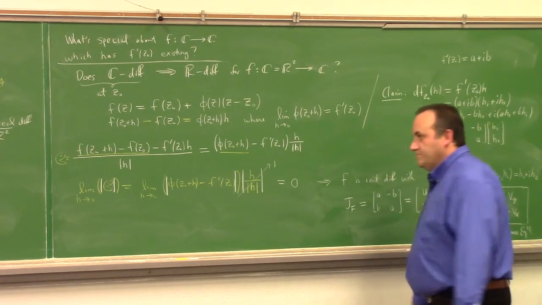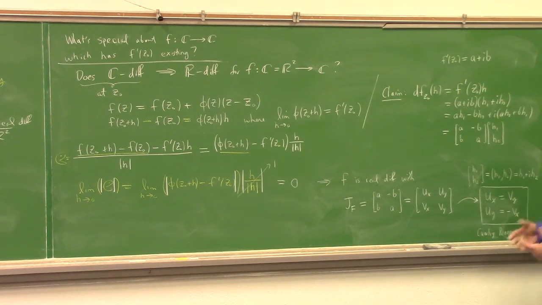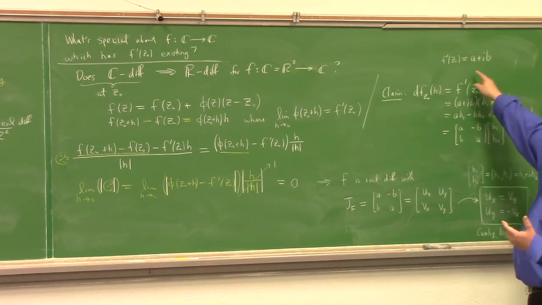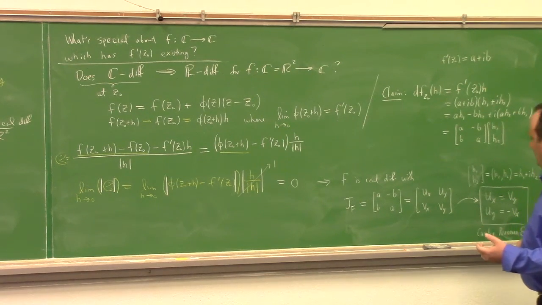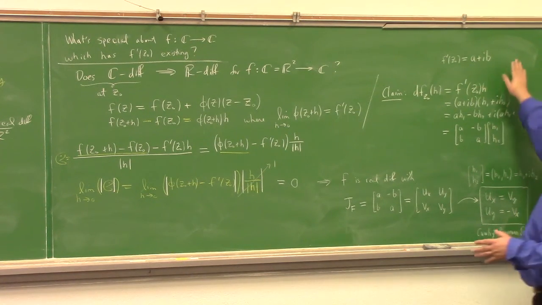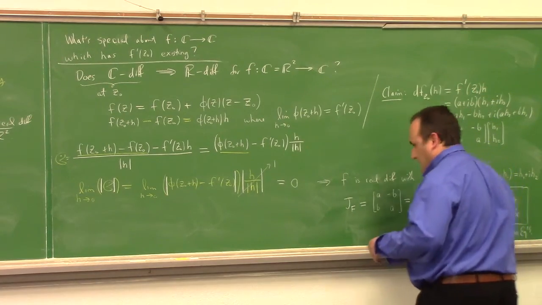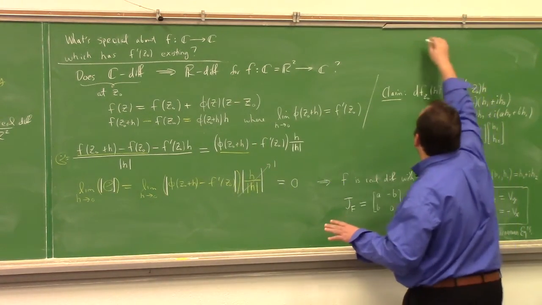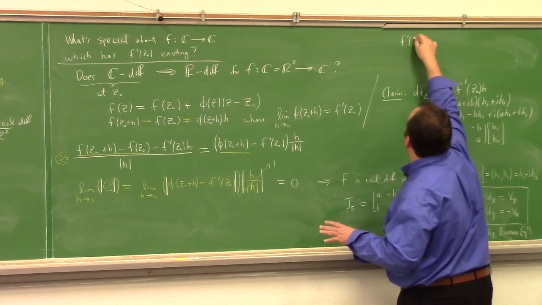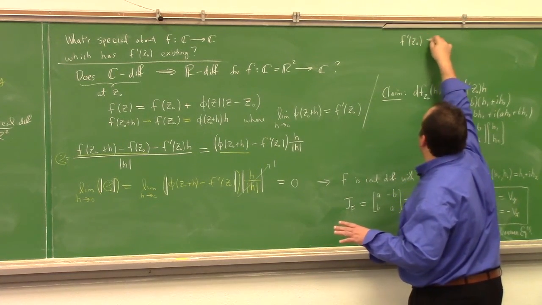Now, can you tell me anything else here while we're at it? You notice this f prime is a plus ib, right? Let's take a second here to appreciate other formulas that we can get from this. Let's relate the complex derivative to the real derivative, right?